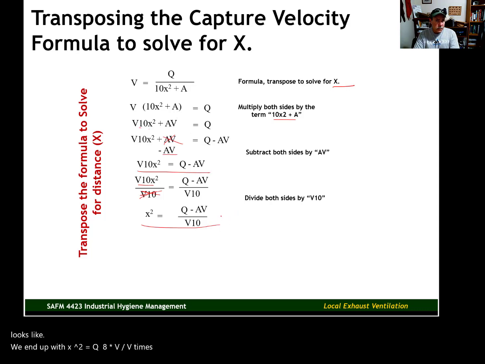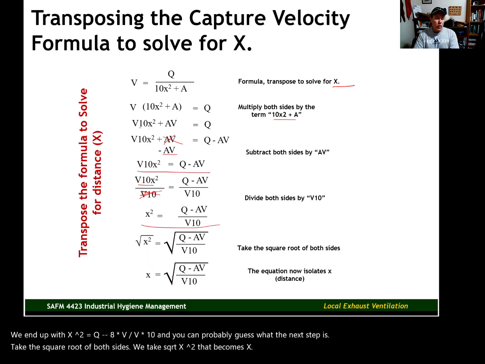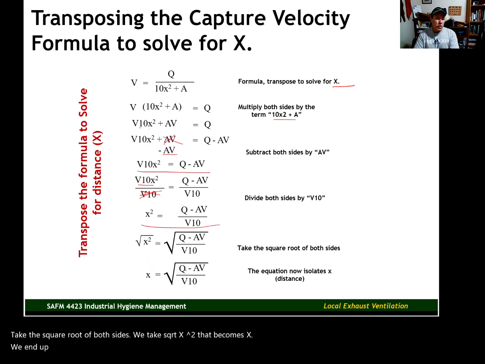And you can probably guess what the next step is. Take the square root of both sides. We take the square root of x squared, that becomes x. We end up with x equals the square root of q minus a times v divided by v times 10.